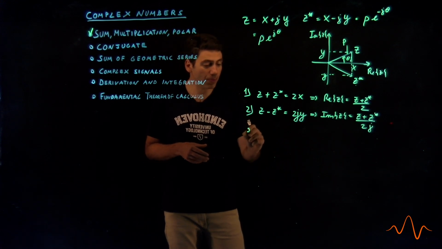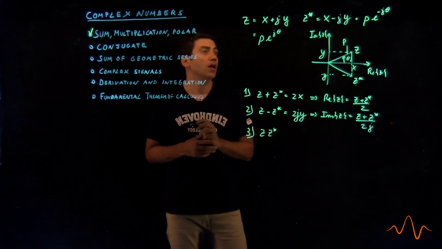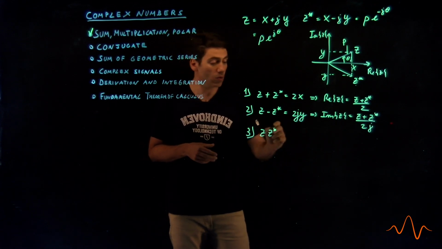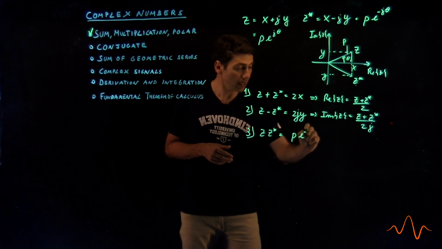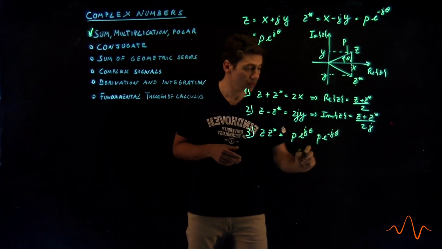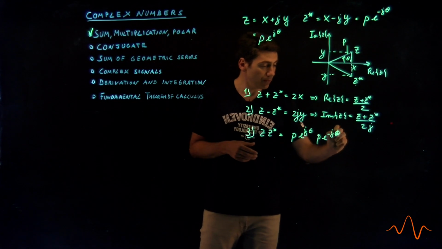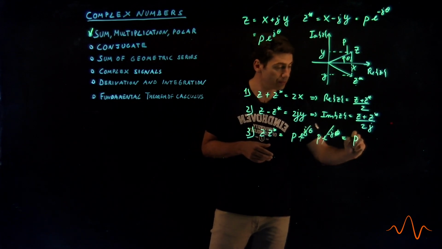If we want to take the product of z and z conjugate, we get in polar coordinates rho e to the power of j theta times rho e to the power of minus j theta, and this will cancel out with this, and we get rho squared.